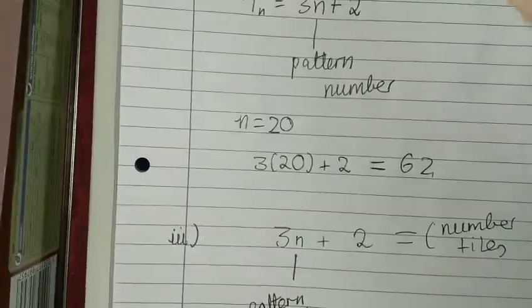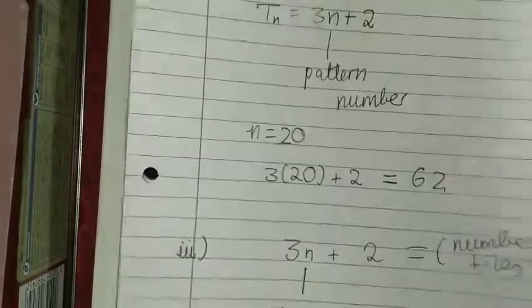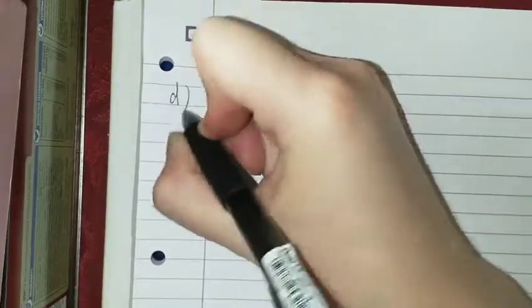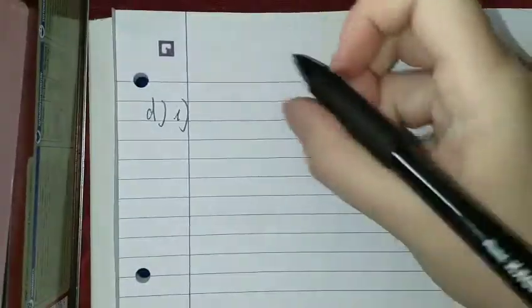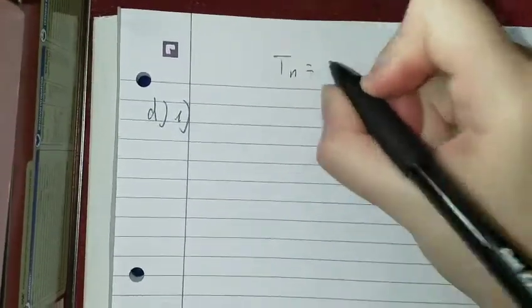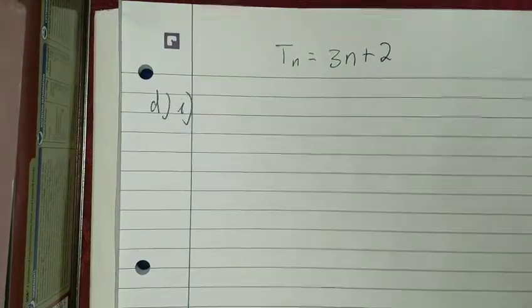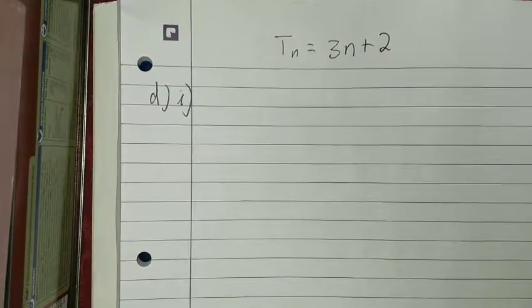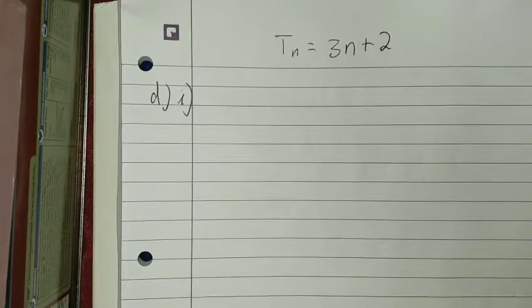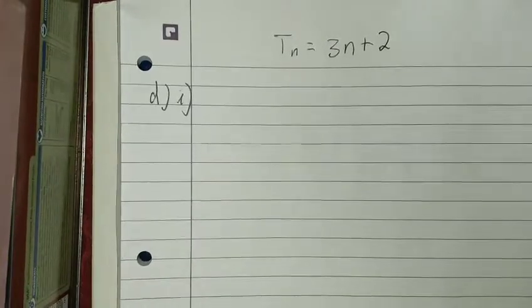And then my next part, I'm going to write my general term up at the top because it might be handy for me. I was asked to show that Sn is a formula for the total number of tiles needed to build the first n patterns.